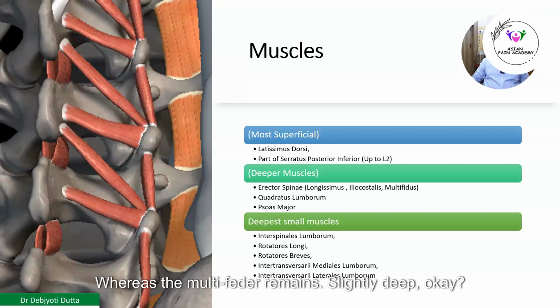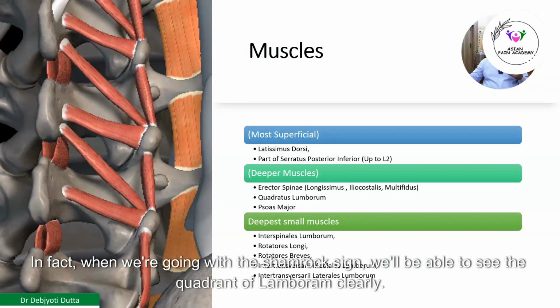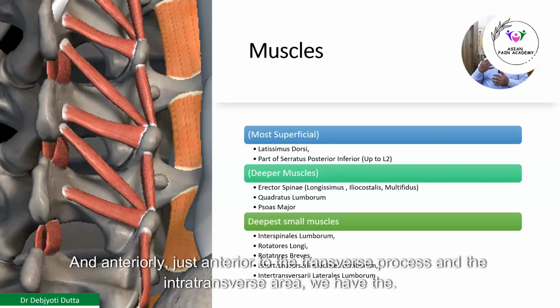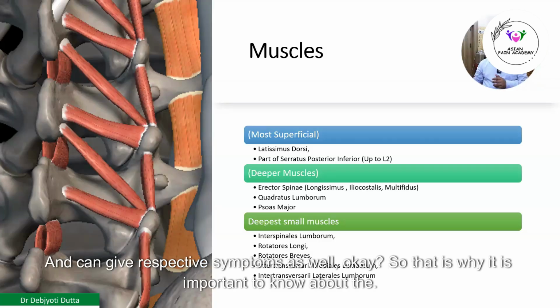Next, we have the quadratus lumborum, which remains slightly lateral. In fact, when we go with the shamrock sign, we will be able to see the quadratus lumborum clearly. And anteriorly, just anterior to the transverse process and the intertransverse area, we have the psoas major muscle. Remember, psoas major is a very important muscle because psoas myofascial pain can cause compression over the lumbar plexus and can give respective symptoms as well.